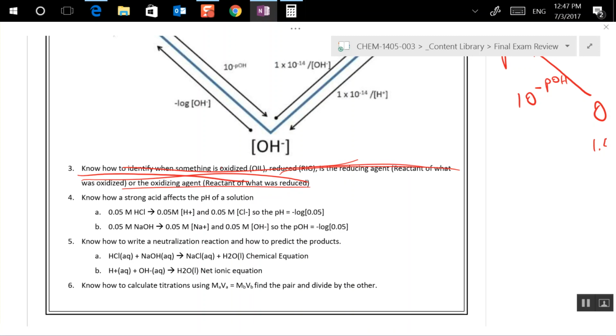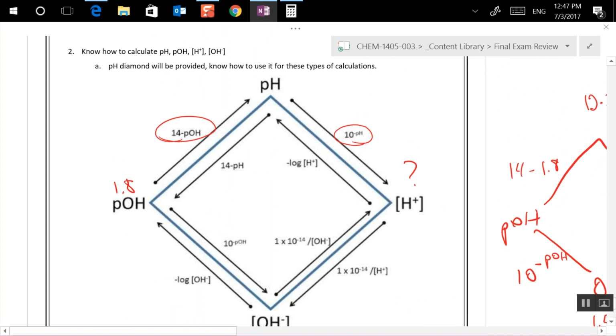Okay, if I say you have 0.5 molar HCl, where am I starting here on my diamond? You have a 0.5 molar HCl solution. What's the pH? Where do I start? 0.5 molar H plus, right? That's where I start.